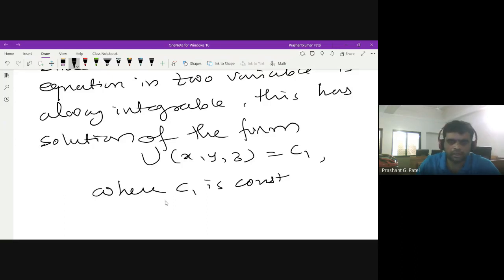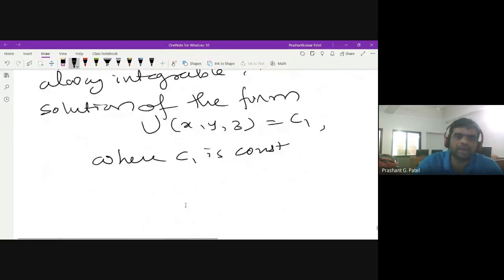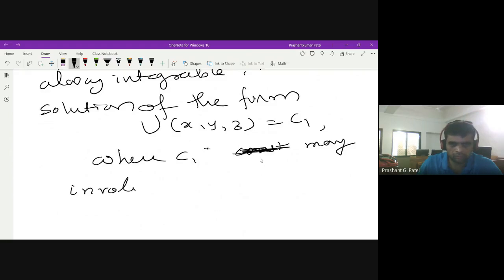But here we have treated Z as a constant, so this C1 may be a function of Z. So it may involve Z.